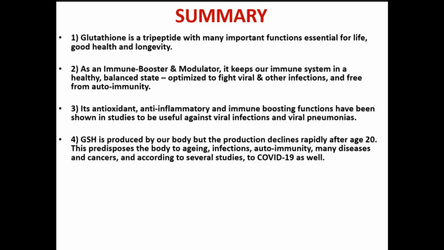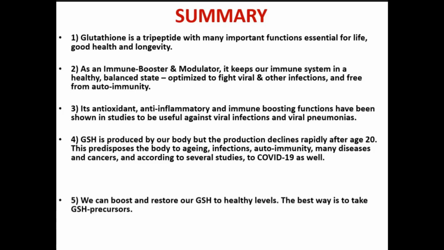Glutathione is produced by our body, but the production declines rapidly after age 20. This predisposes the body to aging, infections, autoimmunity, many diseases and cancers, and according to several studies, to COVID-19 as well.